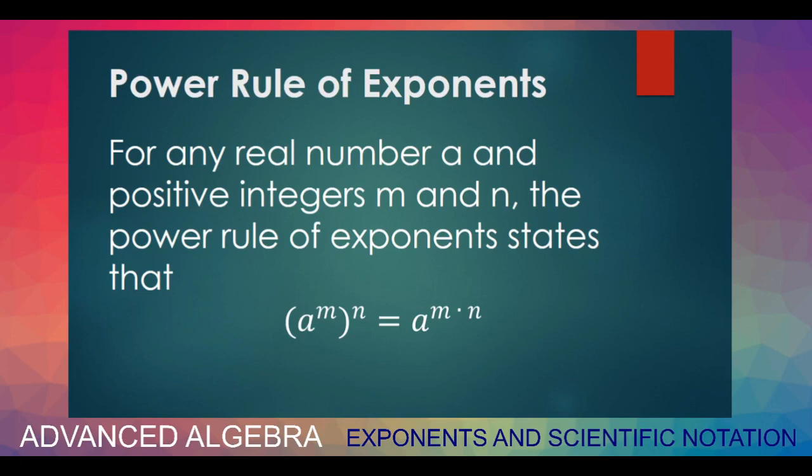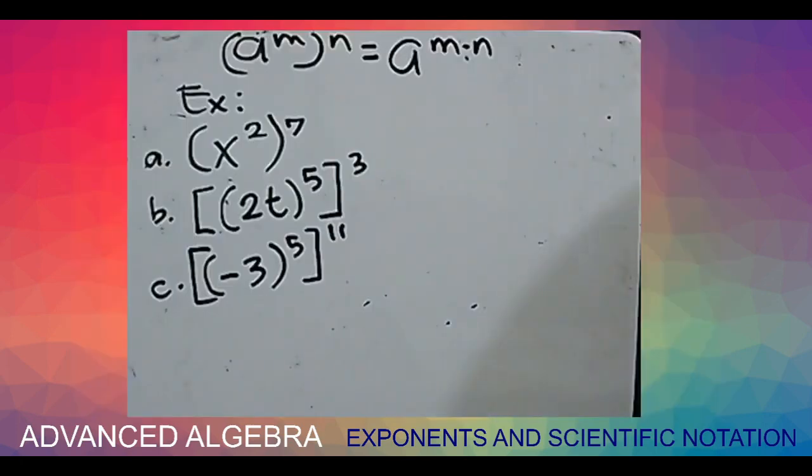Okay? So, magbigay tayo ng example about sa power rule of exponents. Simula tayo sa letter A. So, x squared, or the quantity of x squared raised to the 7th power. Paano natin gagawin siya?